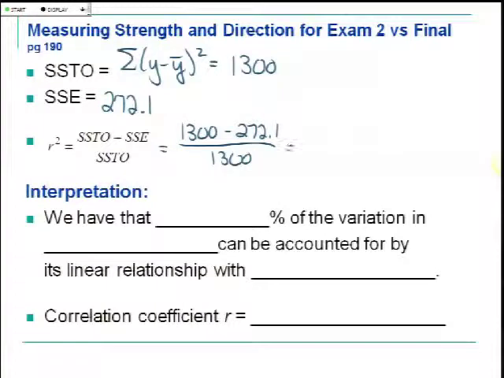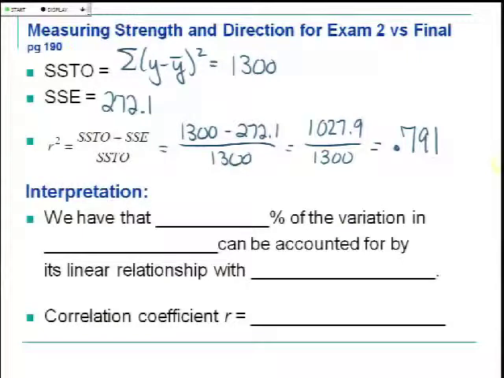So the part that we've explained by our fitting of this linear model is over 1,000 out of the 1,300. And that is our R squared, 0.791. Not quite 80%.